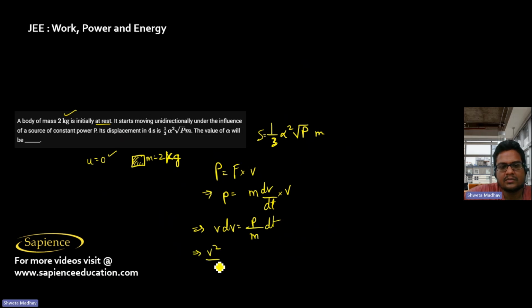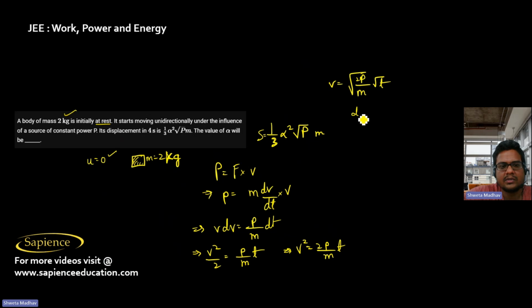That means V square by 2 is equal to P by m into T. So V square equal to 2P by m into T. So V will be equal to root over 2P by m into root T.